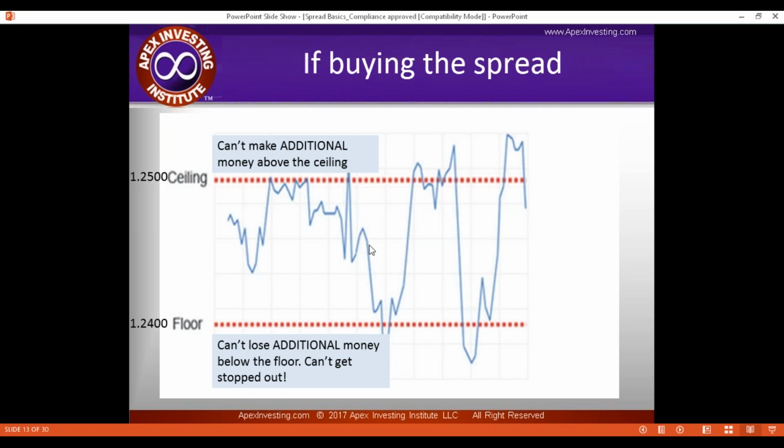Now, very, very important. If I bought this spread at 24.10, okay, the market goes down, right? See that? It shot down outside of my floor.